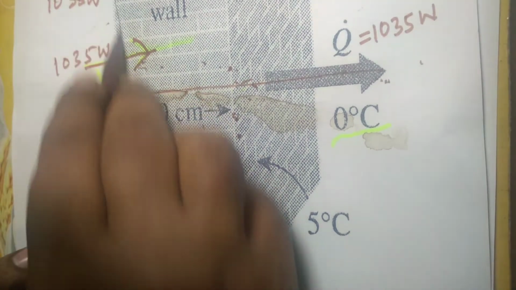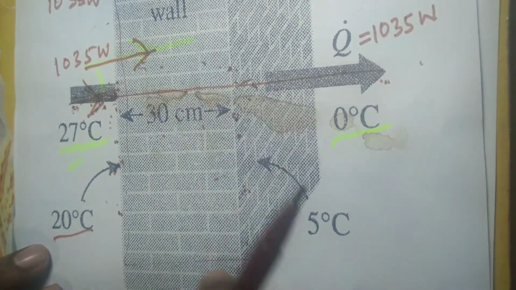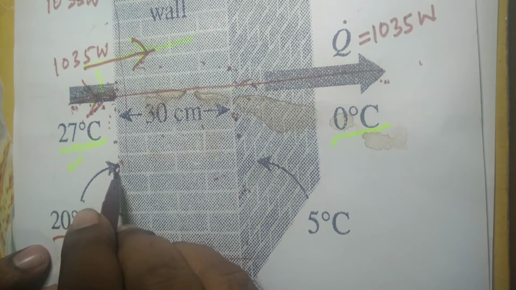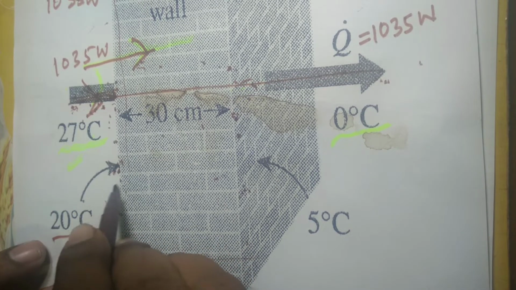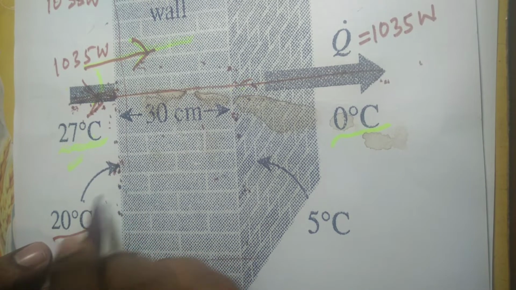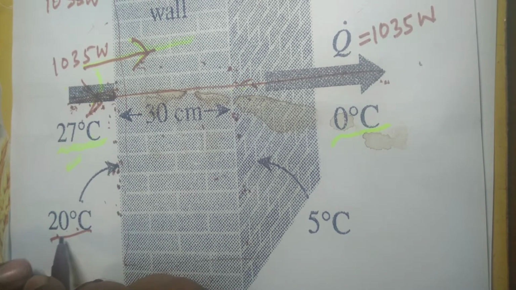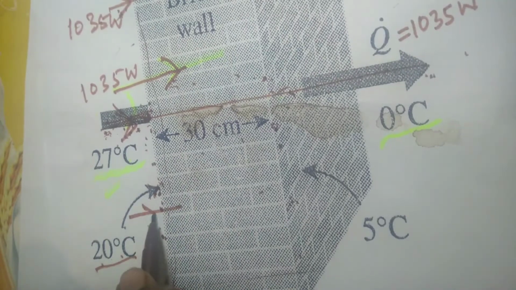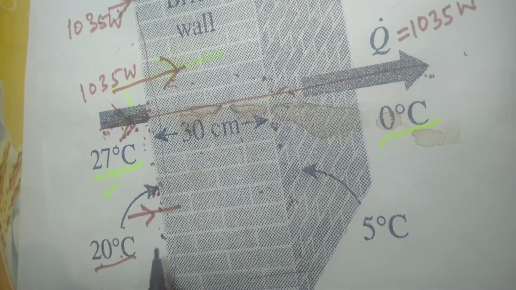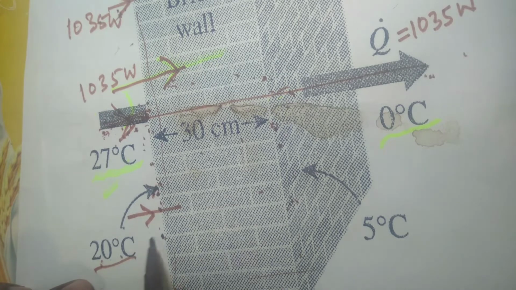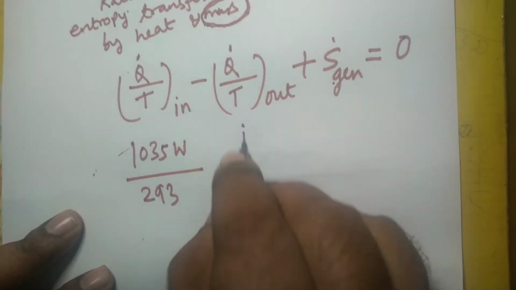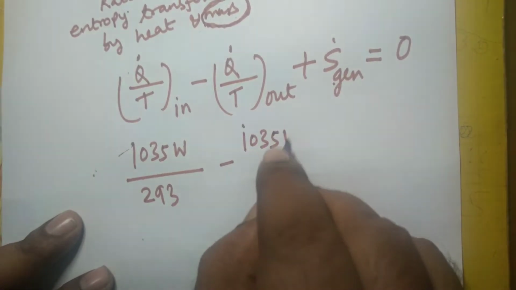Here we are interested in finding the entropy generation within the wall only. So here T at this point is 20 degrees Celsius, and you have to express that in Kelvin. So for Q dot by T in, T will be 273 plus 20, that is 293, minus 1035 watt.